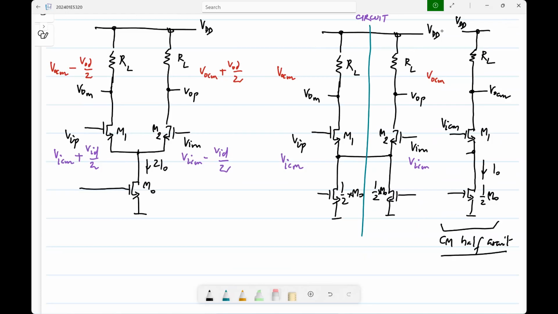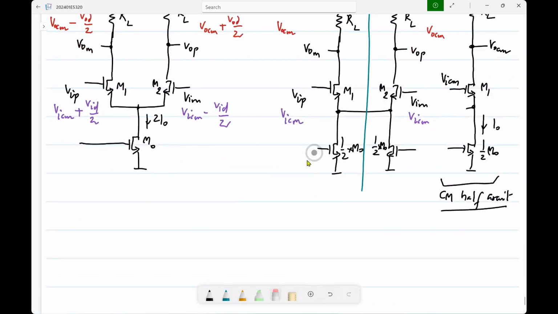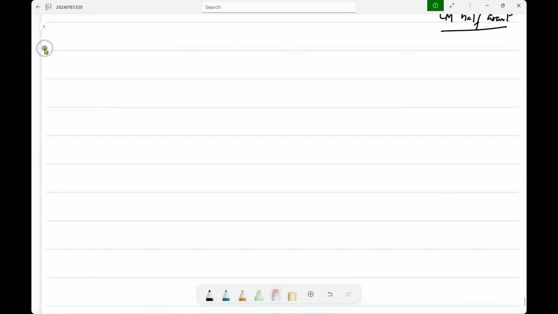Is this okay? So this is a relatively trivial example. Now, like I said, the common mode half circuit is valid even for the operating point, because it's valid even for nonlinear circuits. Okay.